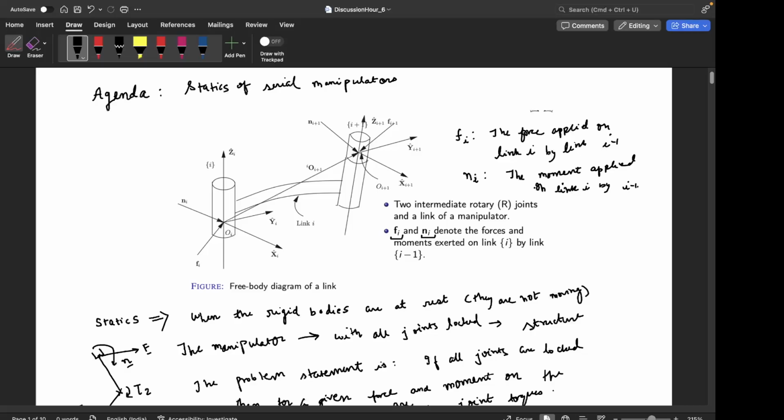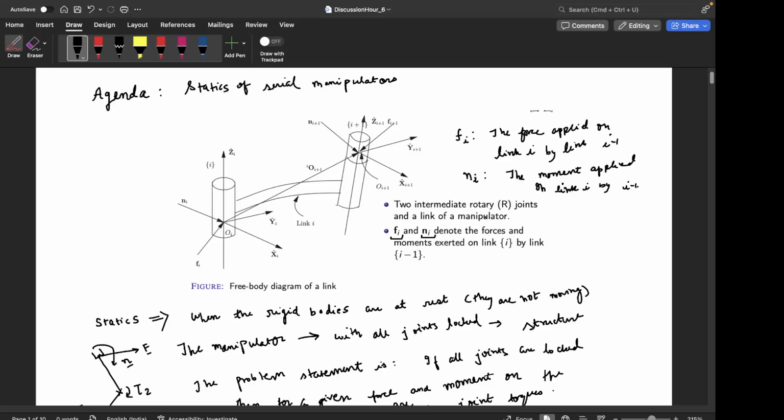So Fi plus 1 would be the force applied on link i plus 1 by link i, and similarly Ni plus 1 would be the moment applied on link i plus 1 by link i. So that's how the convention goes.